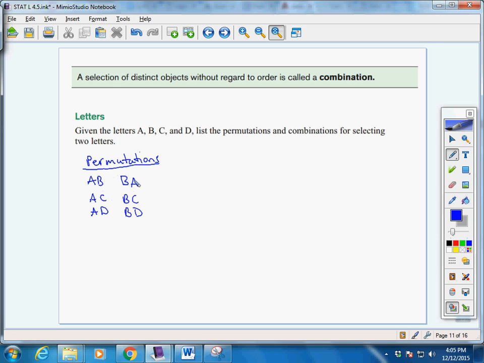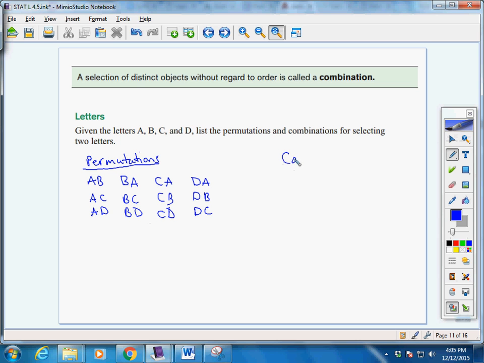A, B is not the same as B, A. If A comes first and B comes second, that is not the same as B coming first and A coming second. So that's why we list them both. CA, CB, CD, and then DA, DB, and DC. So we can see here that we have 12 different permutations.